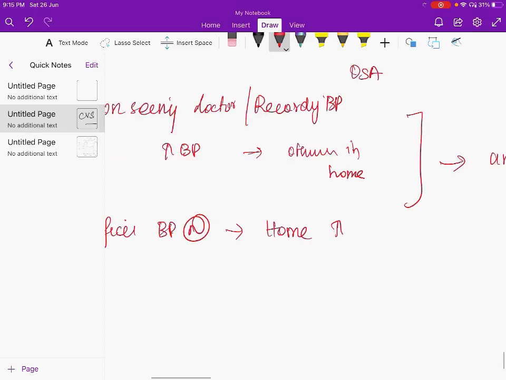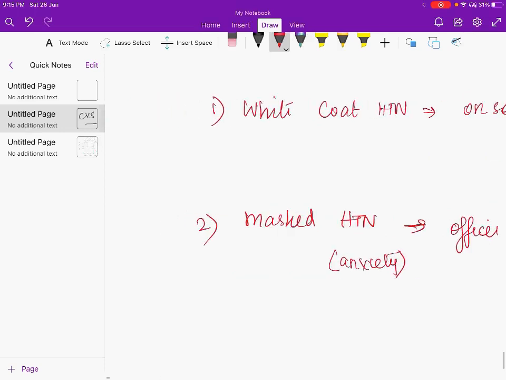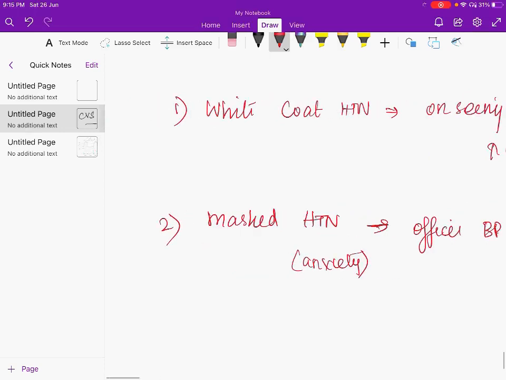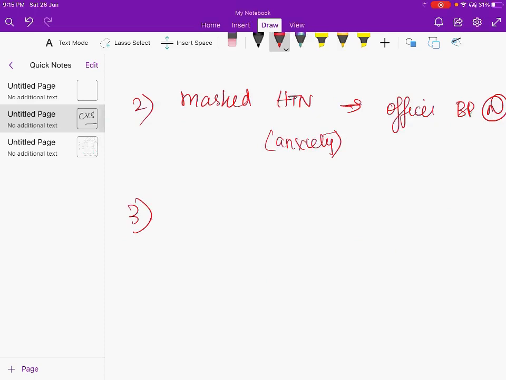Then there is another term called paradoxical hypertension. So what differentiates a physician from other doctors? Treating hypertension is not a big deal.